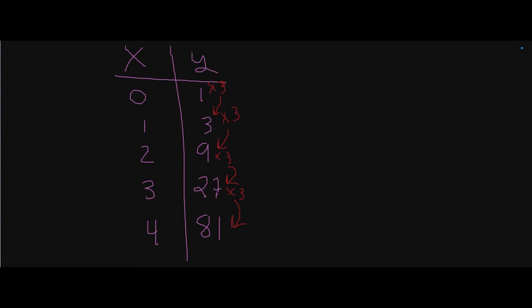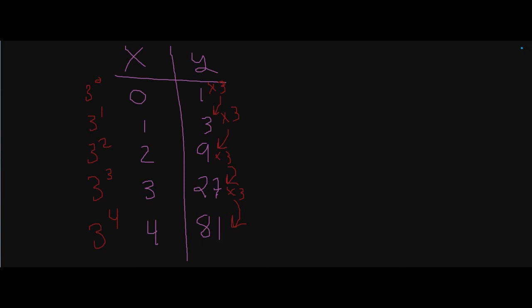Now, one thing to notice is that if you have 3 to the first power, that's just going to equal the 3 that we have here. Then we have 3 squared. We're going to get the 9 here. 3 raised to the third power, we're going to get 27. And 3 raised to the fourth power is going to get us 81. Alright, and 3 raised to the 0 is going to give us 1.